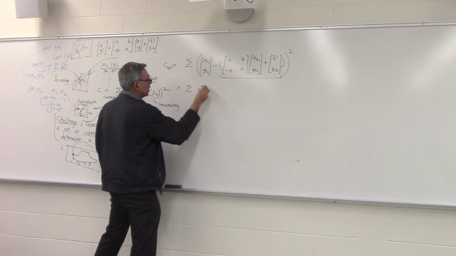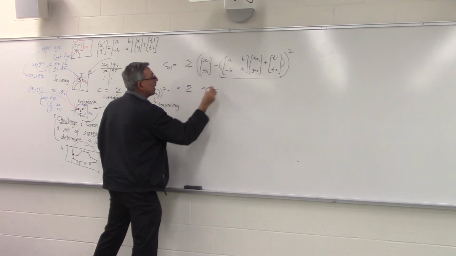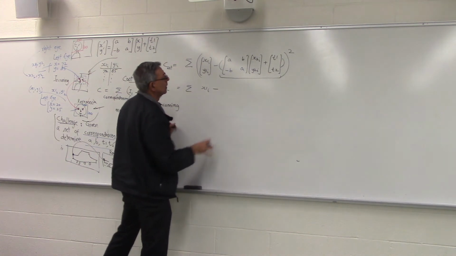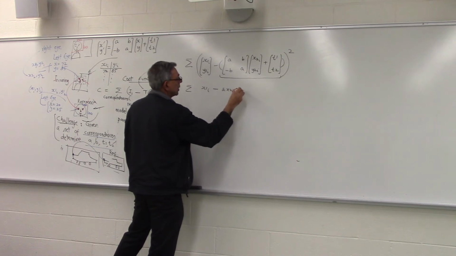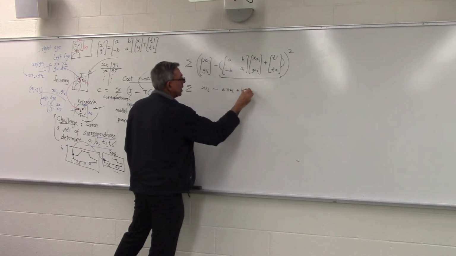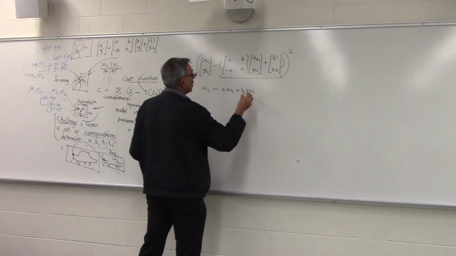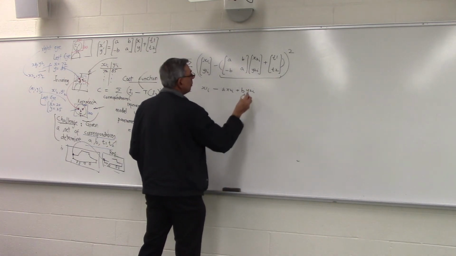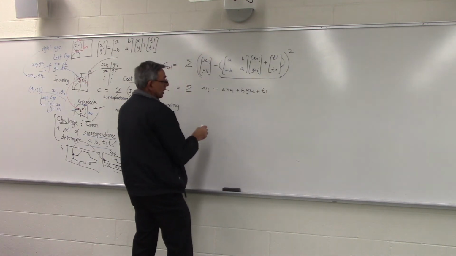Summation of the square of x1 of I minus, now let me expand this matrix equation out, A times x2 of I plus B times y2 of I, and I'll put the parentheses at the end. Okay.